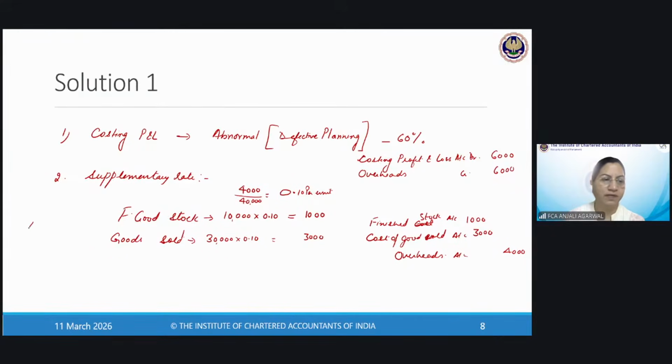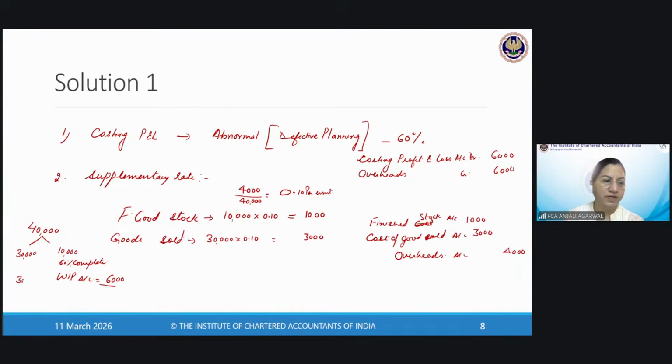Just a small example, if in this case it had been said that 30,000 units were completed and sold and 10,000 units were 60% complete. They were not 100% complete. So you will not call it finished goods stock account, you will call it WIP account. And 60% of 10,000 is 6,000.